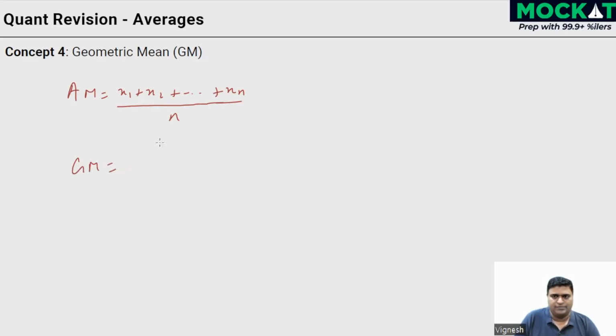Geometric mean is what? Wherever it's a plus, I'm going to use a product over here, right? I'm just going to multiply. So it's going to be x1, x2, and so on till xn. Here, as I multiplied with 1 by n, I'm going to raise it to the power of 1 by n, right? So after addition, repeated addition is multiplication.